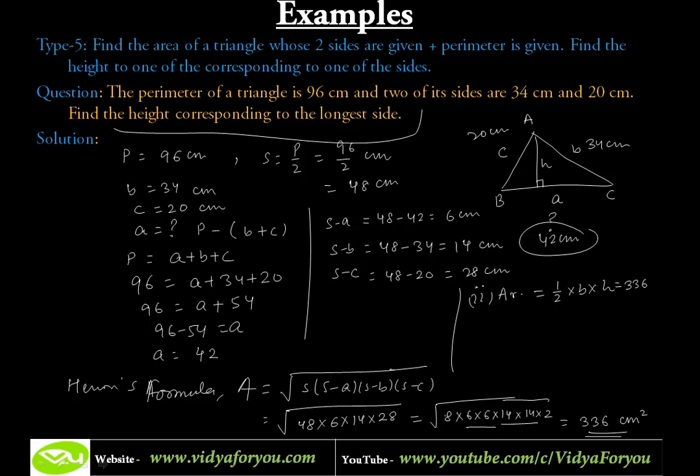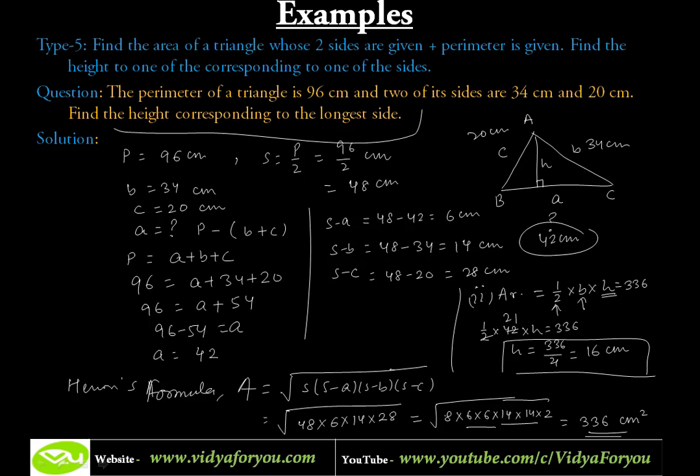Why are we using this formula? Because we need to find this h. We already know the base, we have the value of this. So half into 42 into h is equal to 336. h is equal to 336 divided by 21, that is 16 centimeter. So let's do a quick recap.